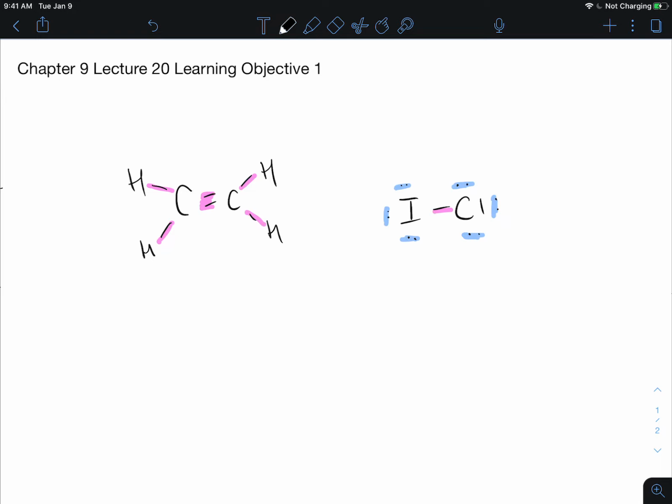So each one of them contain electron density. So they're like an area of electron density, if you will. So each one of these are areas of electron density.